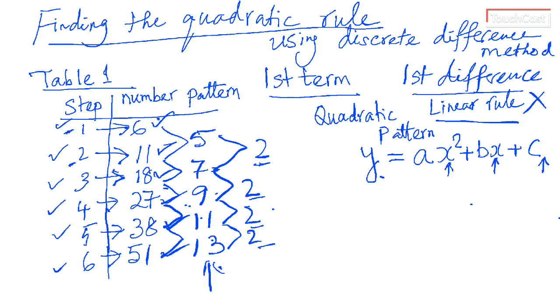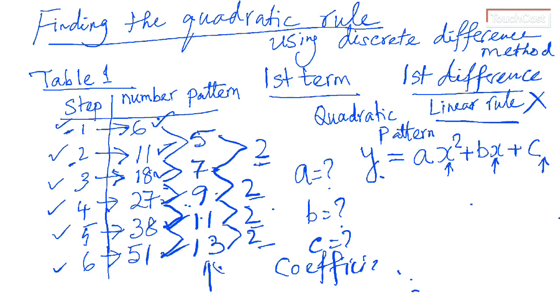One of the questions I come across from students at this stage is, what are a, b, and c? Pretty valid question. These are called coefficients of x squared, x, and x to the power 0.